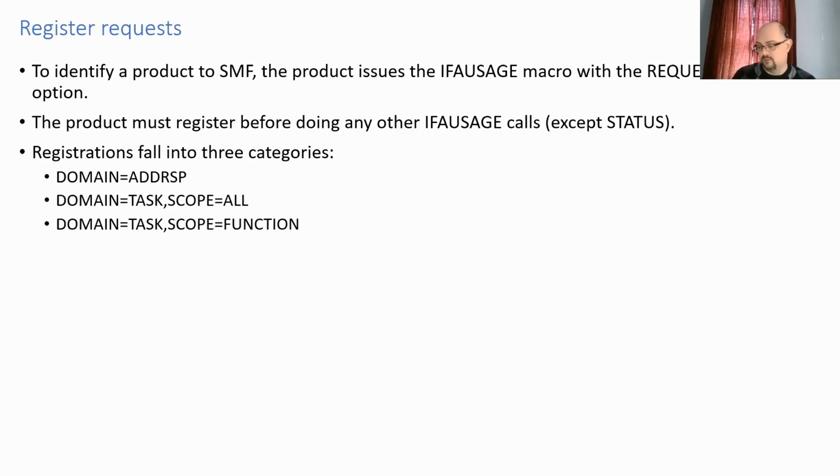After it, you can do some of the other IFAUSAGE services, but you have to do this one first. There's one exception, STATUS, and when we get to that one, you'll understand why that could be done first if you want. There's 3 types of registrations. And again, we're going to talk about each of these.